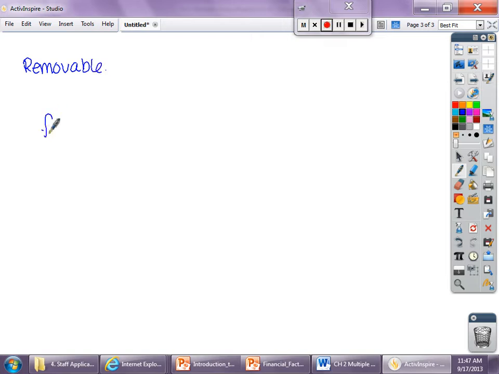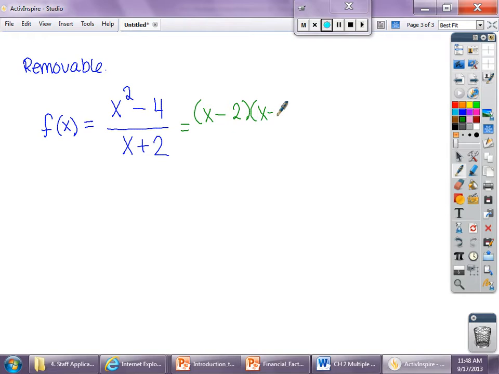So if I give you an example, and I'm going to make them really easy so that I can remember and know that it works. All right, something like that, right? We know that because it factors, and because the factor cancels, then we know that there's a removable discontinuity at x equal to -2.